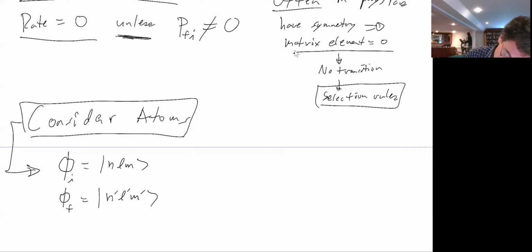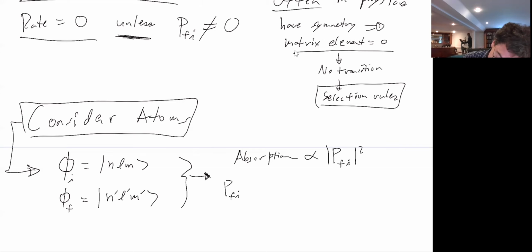And then we'll have some dipole matrix element connecting the initial and final state. So absorption is going to be proportional to the dipole matrix element connecting those states. And so we have to figure out what this quantity is.